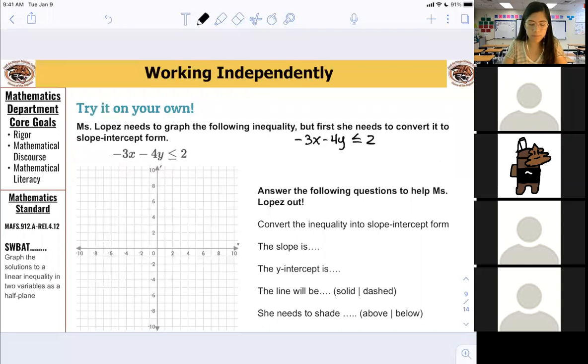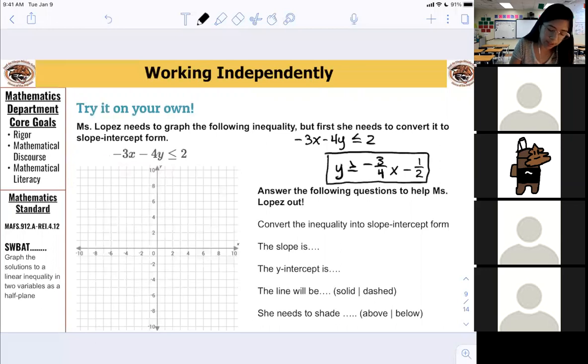Y, no wait, greater than or equal to negative 3 over 4x minus a half. Good. Y is greater than or equal to negative 3 over 4x minus 1/2. So lots of fractions in this one.